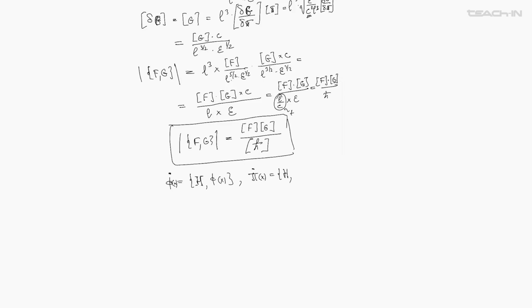So from the explicit form of the Hamiltonian, evaluating the bracket with phi, you will find that phi dot is equal to c squared multiplied by the momentum.